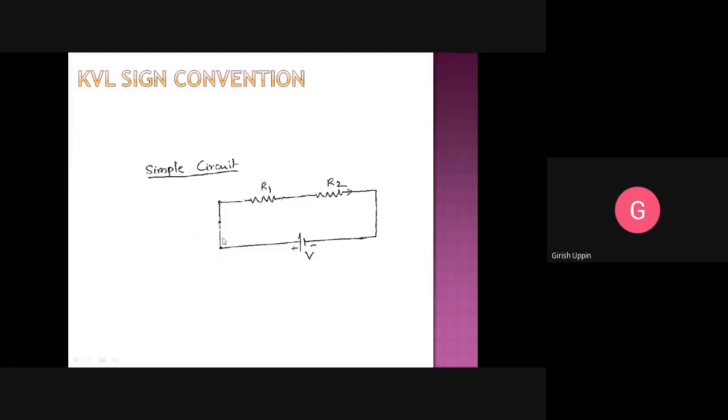When I start tracing, I am going to follow one direction, the clockwise direction. So I will start from here. This is the direction of tracing. Then I will come across R1, R2, and then I come across the negative plate now. So that is what is being told here.